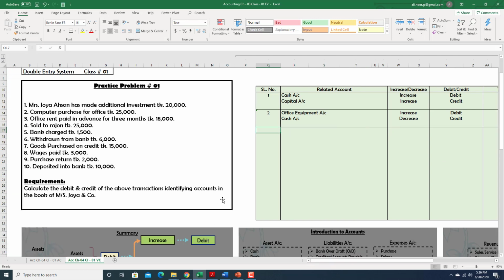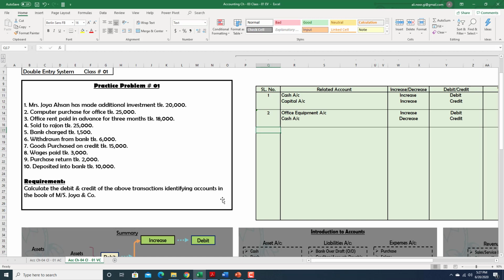Office rent paid in advance for 3 months, taka 18,000. Okay, office rent paid but in advance. So when we pay any expense in advance, it is considered as asset. So here prepaid office rent is an asset account.